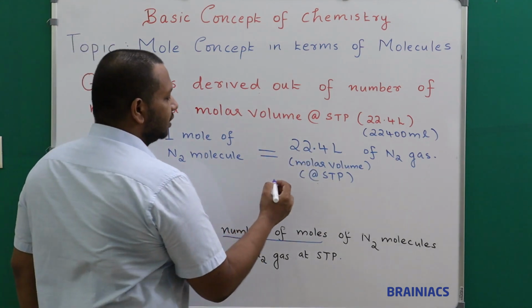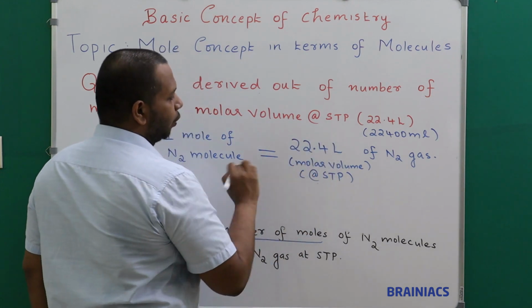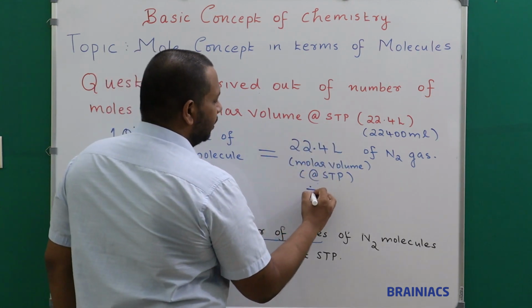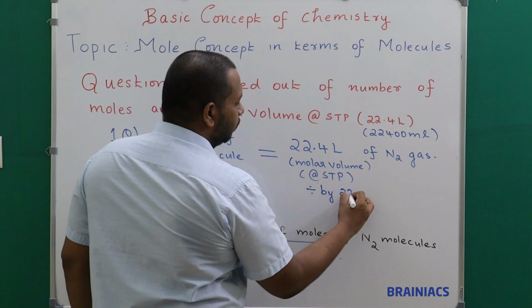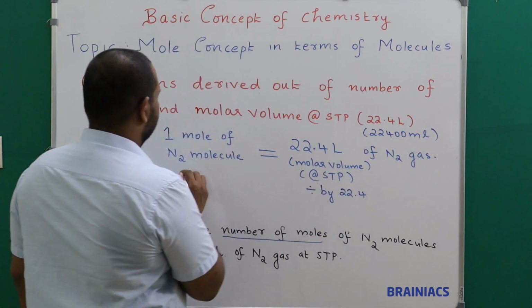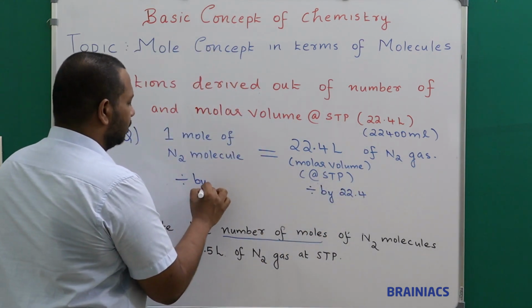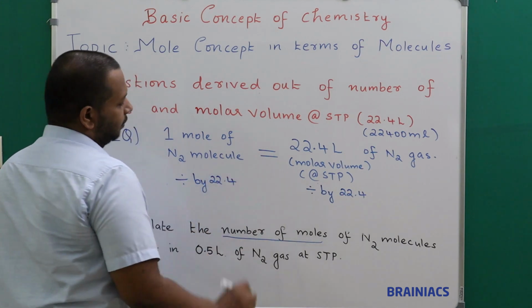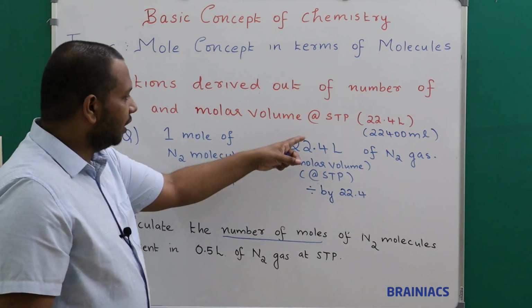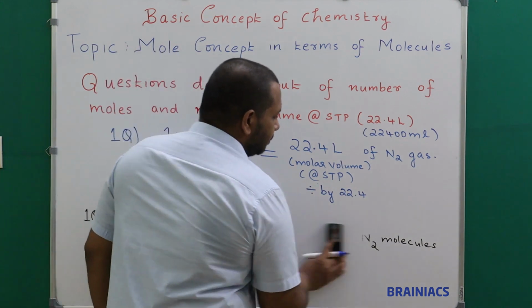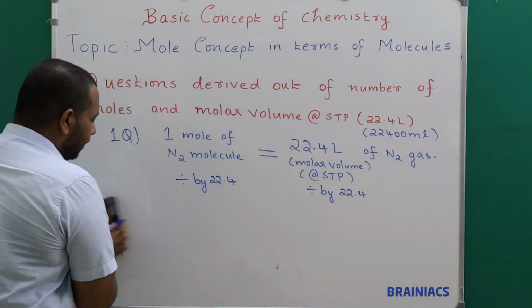How can you do that? Divide by 22.4 on both sides. Now what will happen when you divide by 22.4?